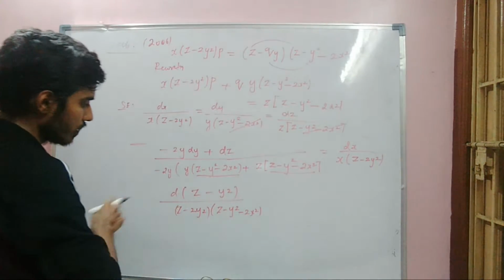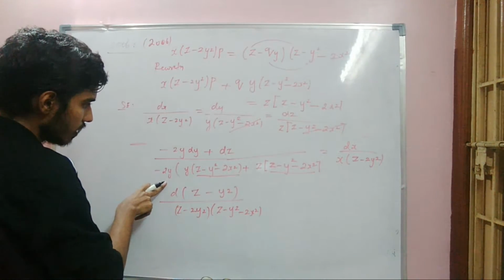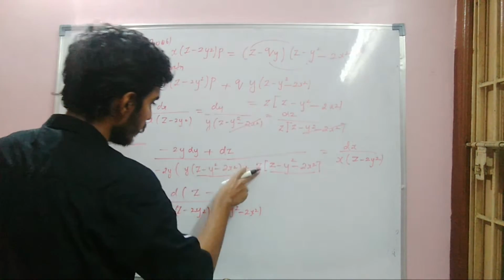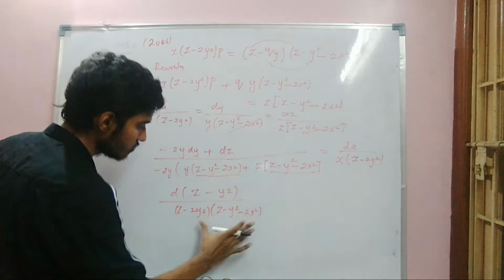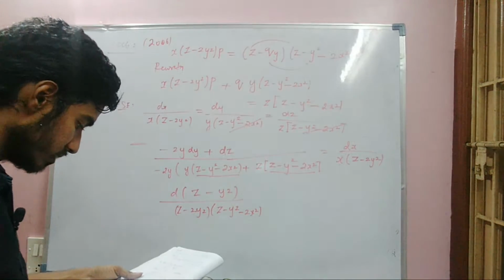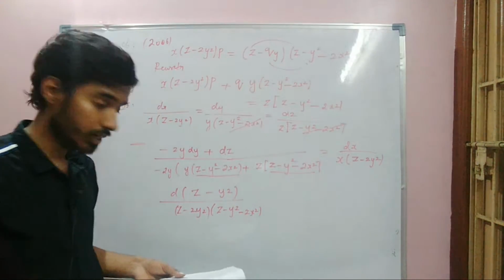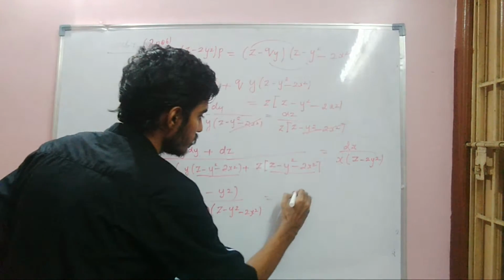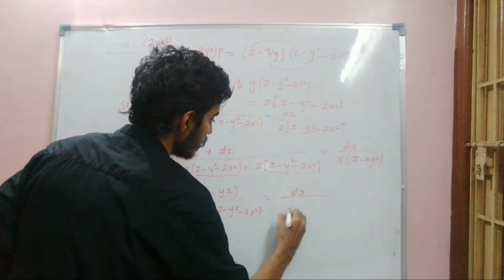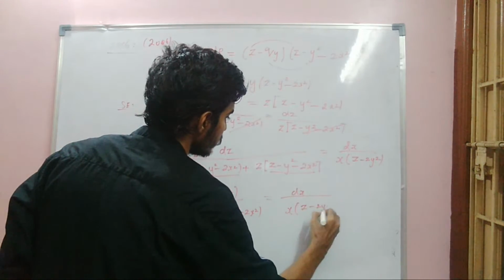If I take this as common, we are going to have minus 2y is already there, we are going to have y plus z, and then you multiply this. So if you simplify this, you will get z minus 2y square, z minus y square minus 2x square. Now I am going to equate this with dx divided by x into z minus 2y square.